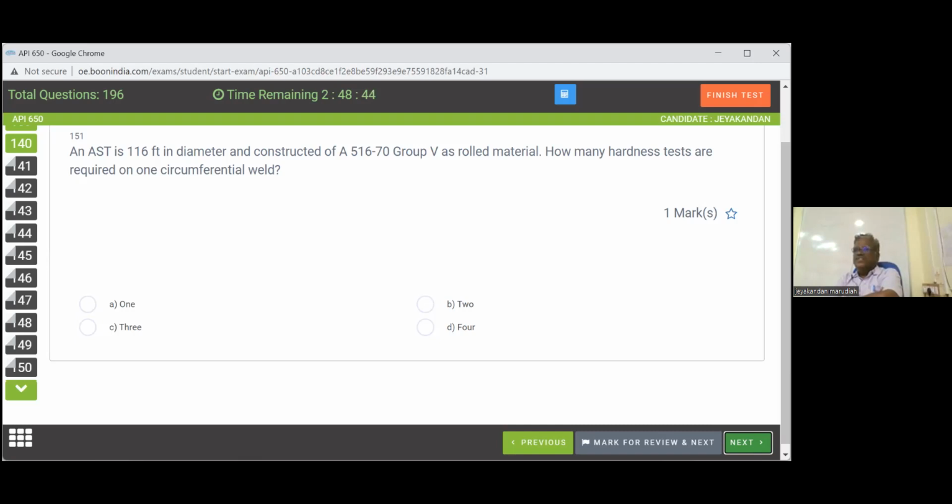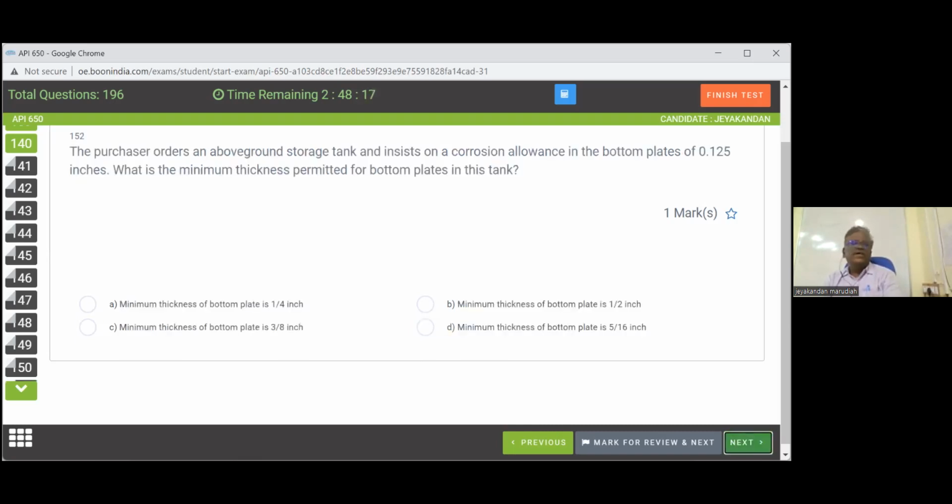Every 100 feet of circumference needs one test. 116 multiplied by 3.14, the answer is 364. Every 100 feet one spot, so 3.6 spots is not possible. We have to take 4 spots. Next.